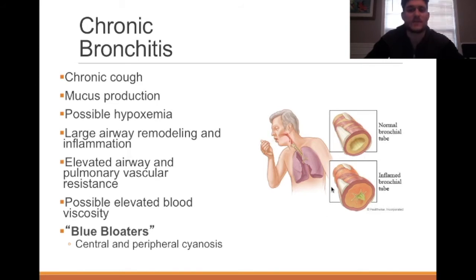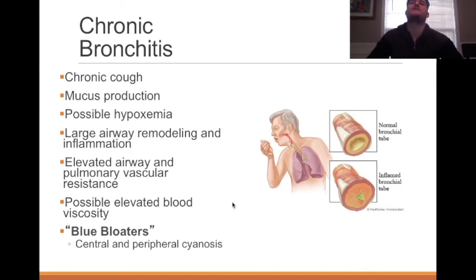Whether it be due to smoking or pollution causing damage, you're going to get that inflammation response, and that's going to lead to swelling. So there is an increase in resistance to this air pathway since the airway diameter has decreased. And we also get an increase in mucus production, which also increases resistance as well.